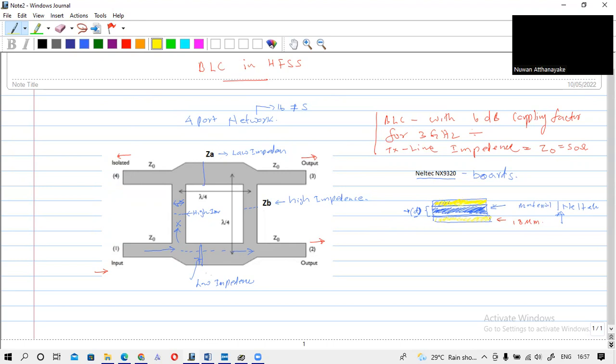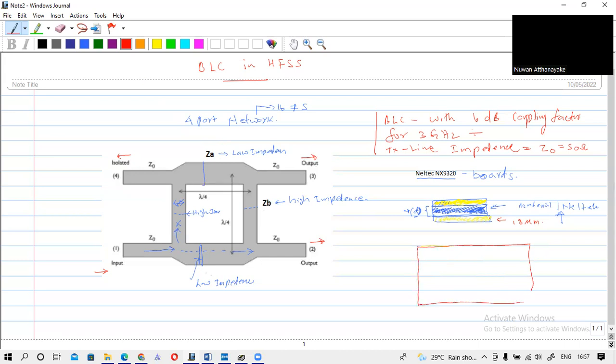So this is our board. Actually, this is a sandwich board: between two copper plates we have a dielectric material. This board comes in different dimensions available in the market.